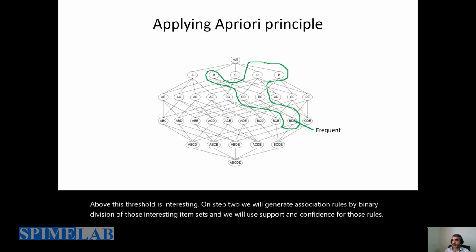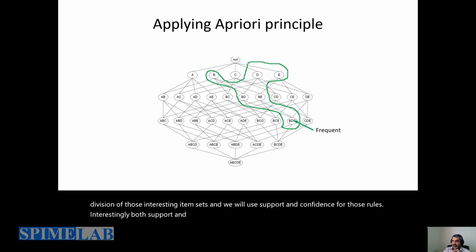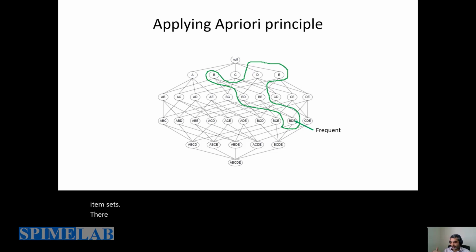Interestingly, both support and confidence and the frequency that we are using to filter out item sets are arbitrary numbers. So frequency can be 2 or 3, and support can be 0.5 or 0.6. Rangita? Yeah, I think I'm getting it.